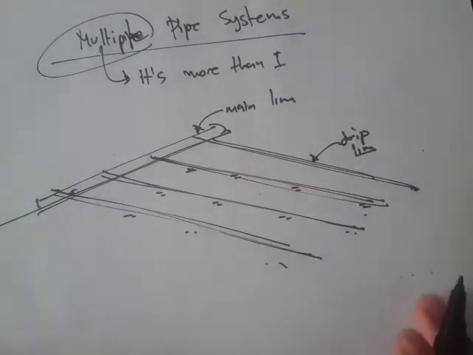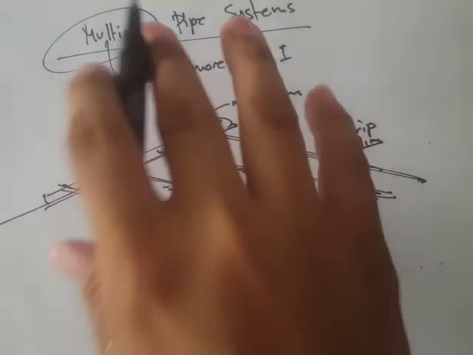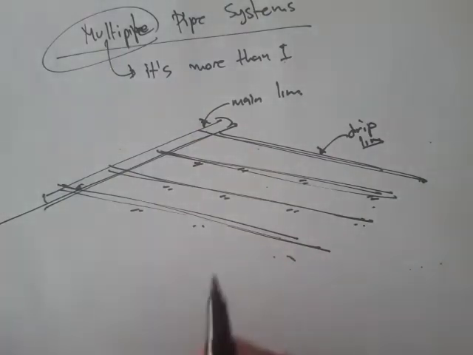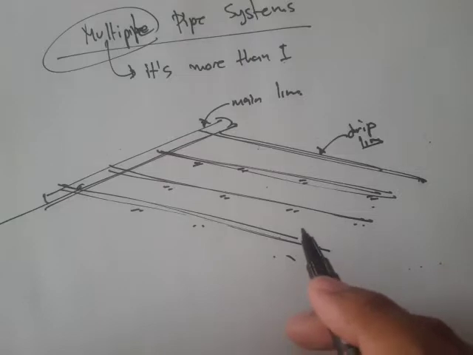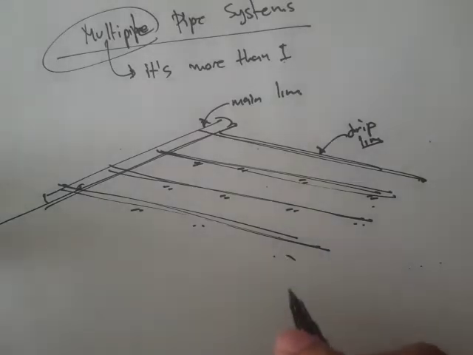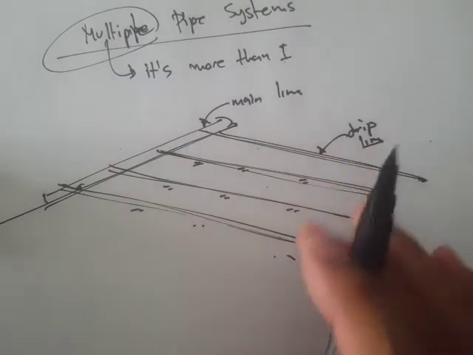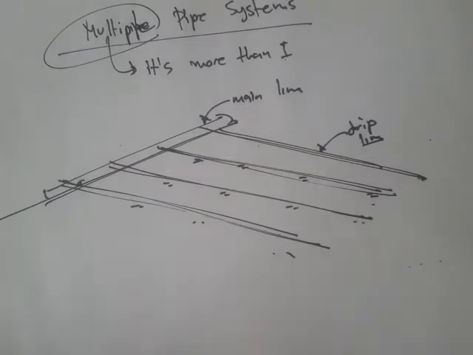If we also take a look into internal combustion engines, we can see that multiple pipe systems can also be found in the intake manifolds and exhaust manifolds, as well as in heat exchanger systems. So they're pretty common. In this lecture, we will be studying how to compute the flow rate and other data regarding multiple pipe systems.